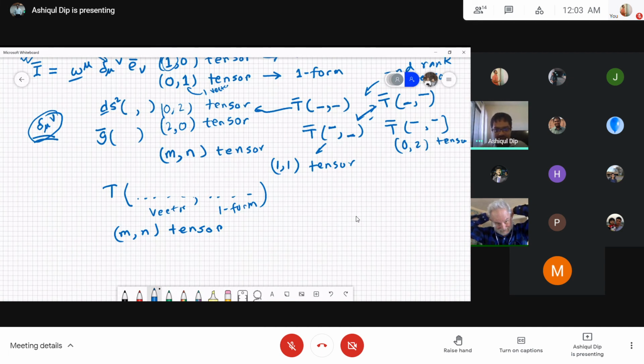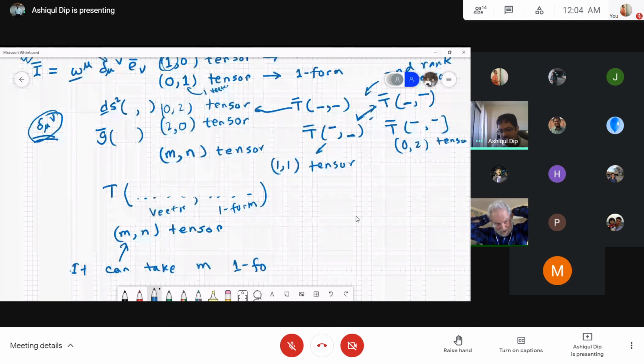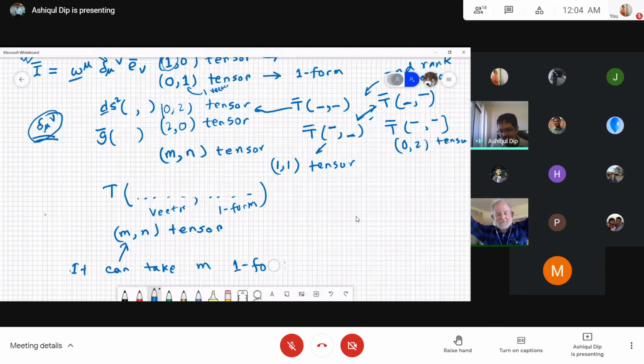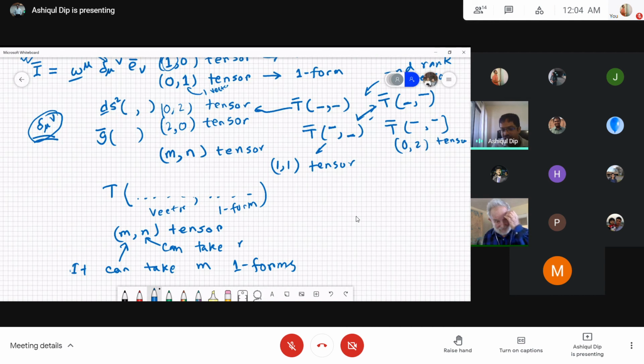So if it has M type of vector characteristic, then it can take M one forms, and then it can take N vectors.